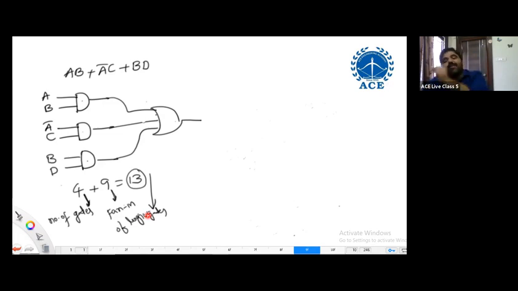To measure the complexity of a given Boolean function, we implement it using two-level implementation, using basic gates, assuming all the literals are available. Then we count the number of gates plus the number of inputs of each and every gate. Right? Any questions?